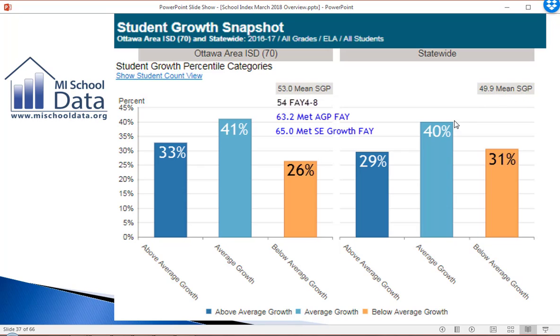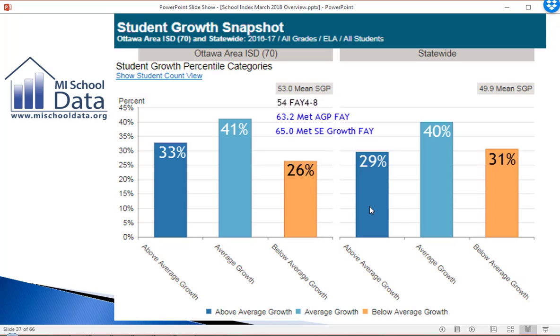I'm showing the state here where about 40% would be in that average from 30 to 70 percentile. About 30% would be below average, 30 percentile and below, and about 30% would be above average, about 70% and above.